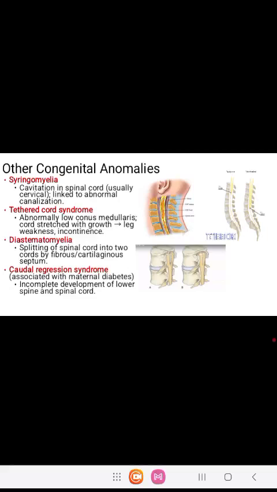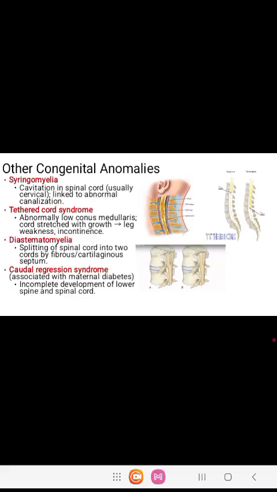So when it is abnormally low, it results into a situation whereby one is not able to control their bladder, and therefore it results into incontinence, and also there is leg weakness.